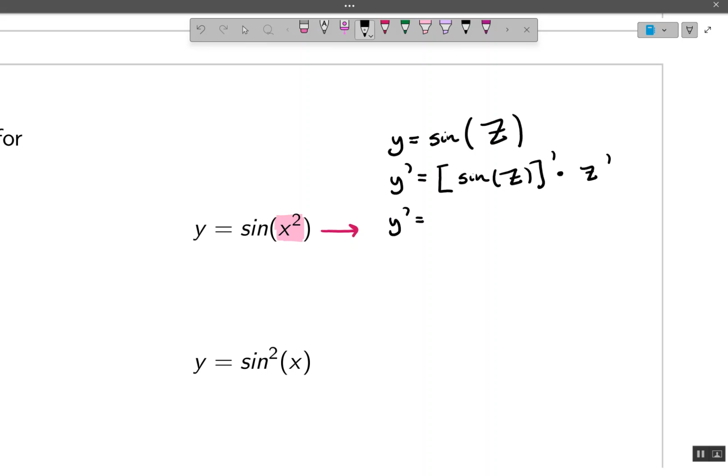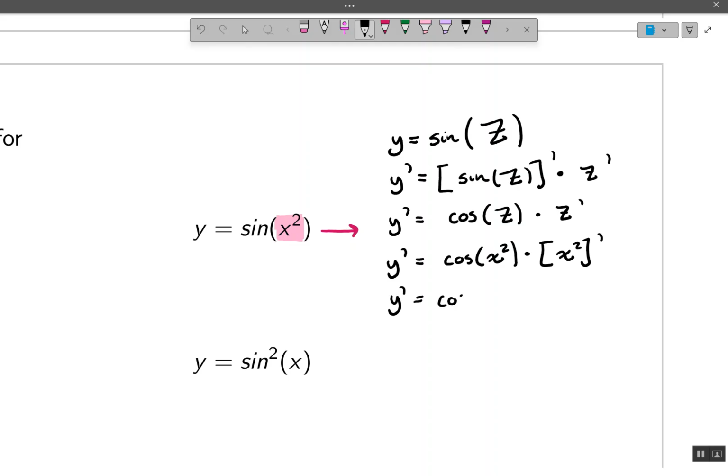So the derivative of sine is cosine. And now I just need to find the derivative of the inside. So at this point, I just plug in x squared. So I've got cosine of x squared times the derivative of x squared. So we have cosine of x squared times 2x. That's using this substitution here of some other letter if you like.